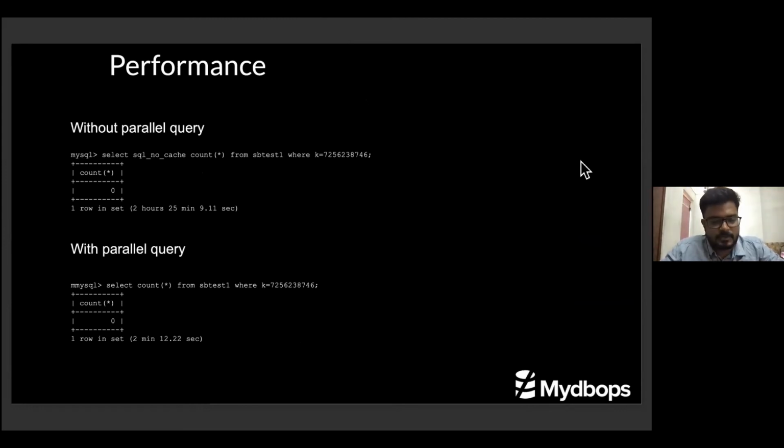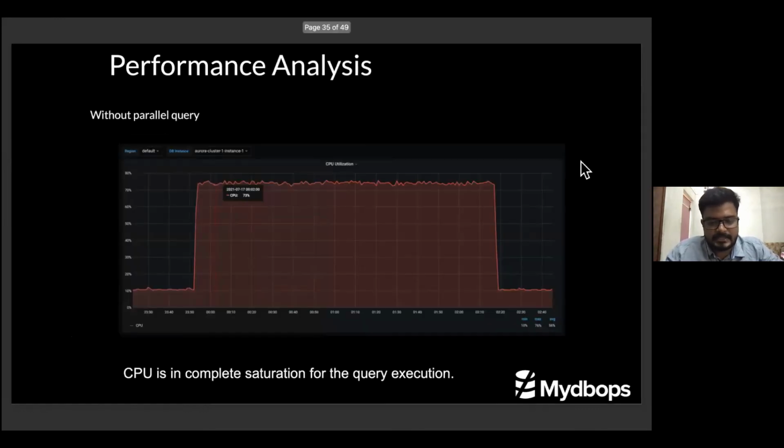Without the parallel query it took around 2.5 hours, which is too long for analytical purposes. But after enabling the parallel query, the execution time is just 2 minutes. So it will be more efficient for analytical queries.